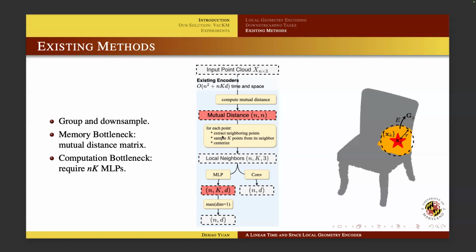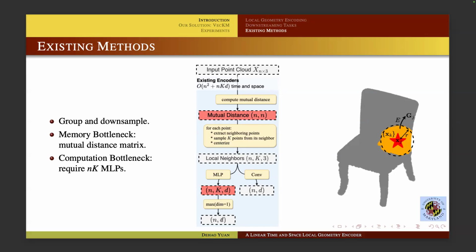For each point, you will extract the neighboring points, and as you remember, the number of neighbors can be different for different points. So here they need to sample k points from the neighborhood, and this will become an n by k by 3 matrix. Then they use a multi-layer perceptron to lift this dimension to n by k by d and do a max pooling on the k dimension.